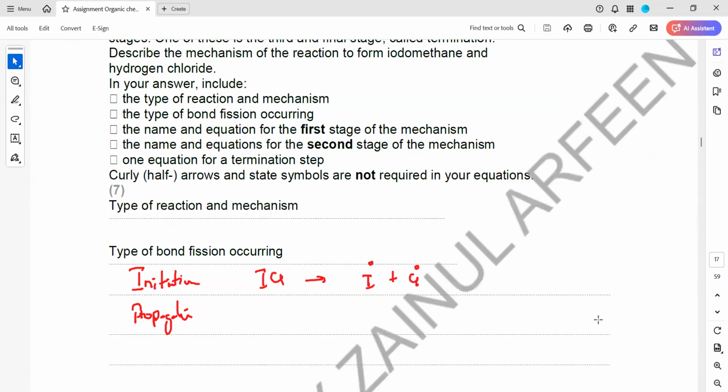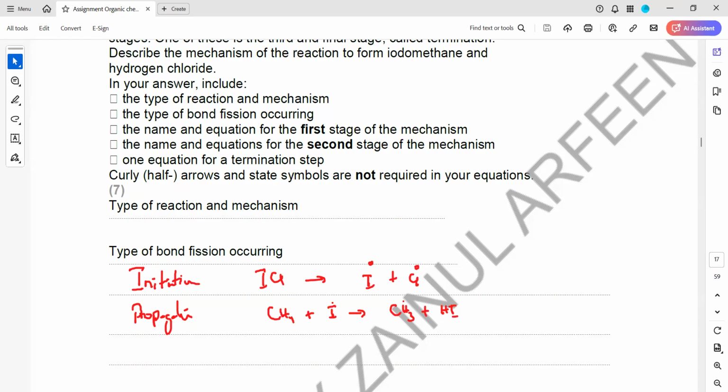So we have an iodine free radical and we also have a chlorine free radical. We can complete this equation with both. If we have methane, CH4, and an iodine free radical attacks it, what will it form? It will form a methyl radical and hydrogen iodide.